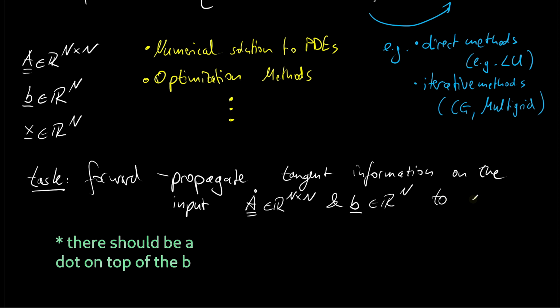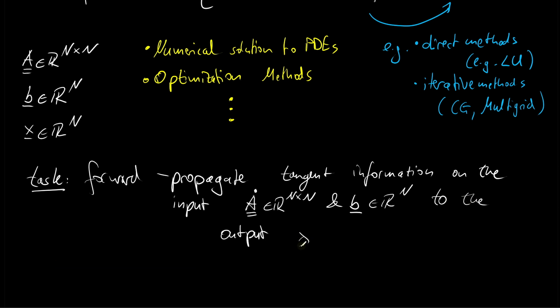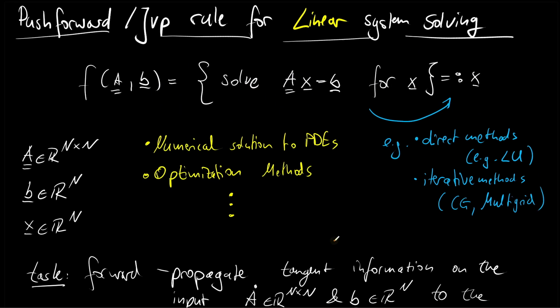And then we want to propagate this to the output, and this output will be x dot, which is another n-dimensional vector. And as said, this will be part of a longer computational chain for which we then apply this forward mode automatic differentiation. And so we have to be able to propagate this tangent information. As with all these kind of implicit approaches, let it be linear systems, let it be nonlinear systems, but also generally the solution to ODEs and PDEs, there's typically two ways to do that.